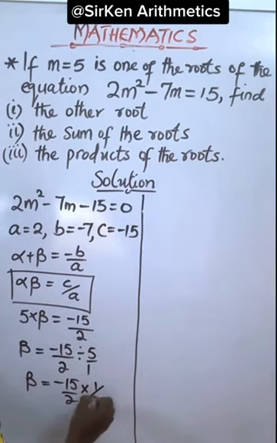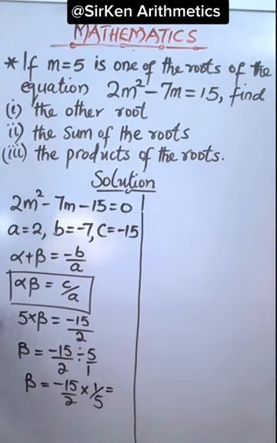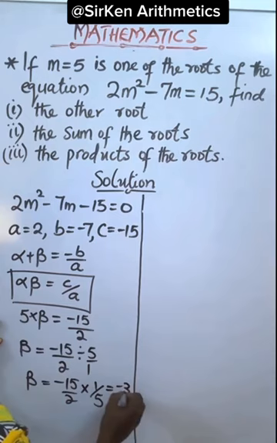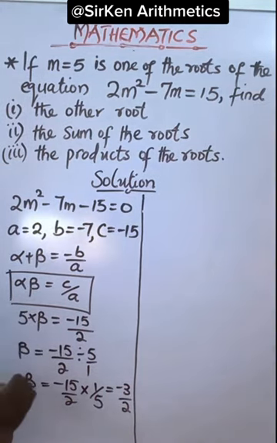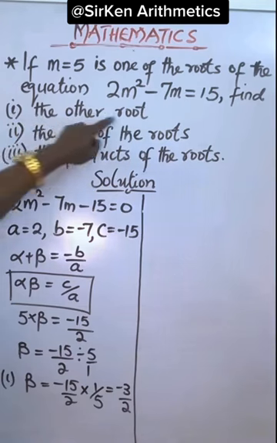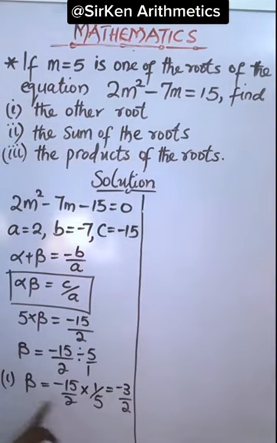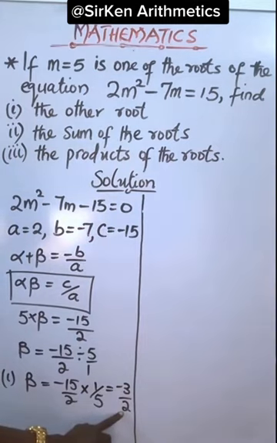This becomes 1 over 5. And if you go further, 5 here 1, 5 here 3, your answer will be minus 3 over 2. So I have successfully attempted question number 1, the other root. The other root is what? Minus 3 over 2. Do you get?